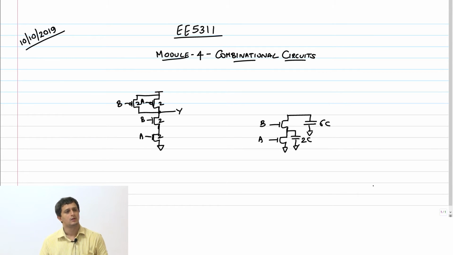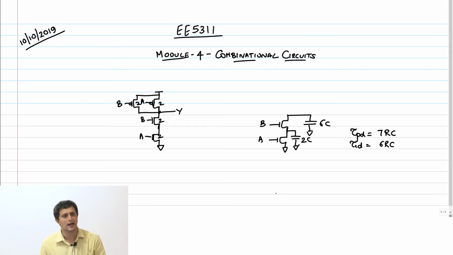Right? So we had studied this earlier, the propagation delay and the contamination delay. We said that the propagation delay, PD, was 7 times RC, whereas the contamination delay was 6 RC.